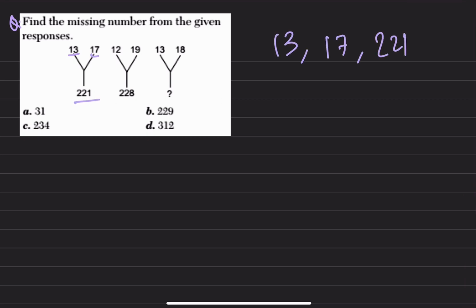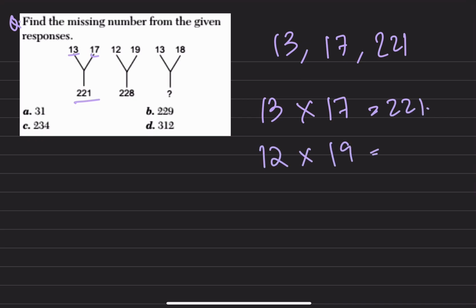If you know tables, it would be easier, because 13 into 17 is 221. Similarly, 12 into 19 is 228. And 13 into 18, in that similar fashion, would be 234.